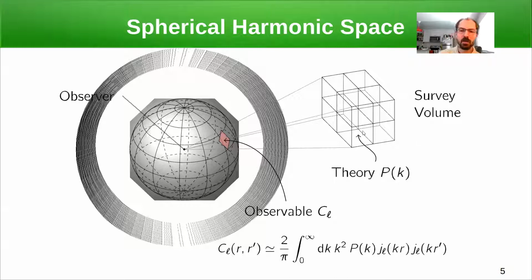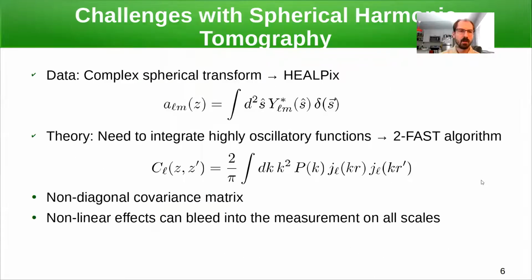And so by doing spherical harmonics, we do a projection onto a sphere, and if we do this in tomographic shells of different sizes of bins, then we call it spherical harmonic tomography. Now, to do this, we need to solve integrals of this form with two spherical Bessel functions and the power spectrum, and that gives us the C_ls.